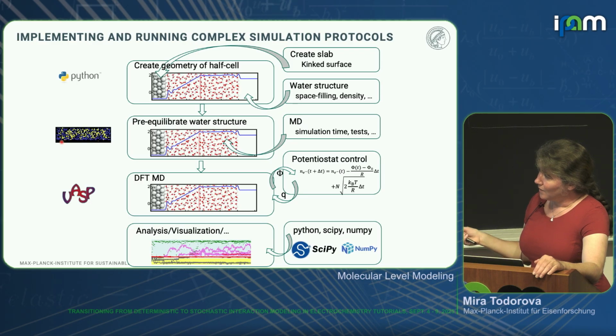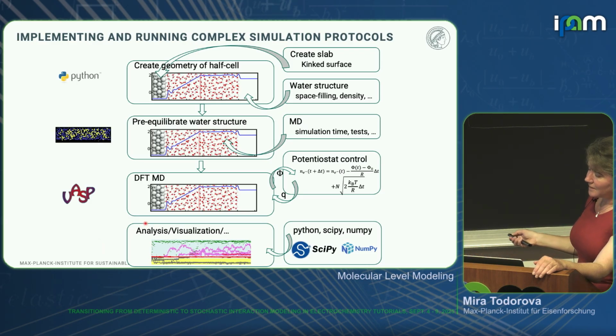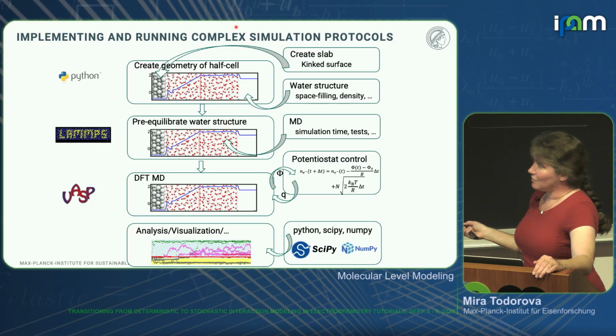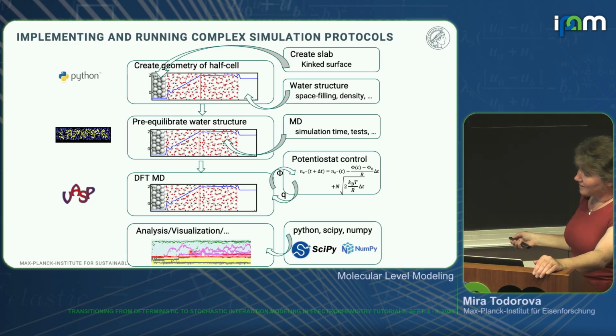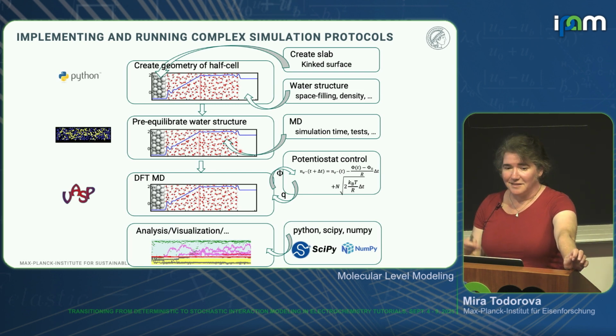And then we need to have the potentiostat. This is where we do the DFT calculations. And then, of course, we also need analysis of all the steps, visualization and so on. You can see that this requires complex simulation protocols, but it's very easy now to set them up using pyiron, and this is what we do.